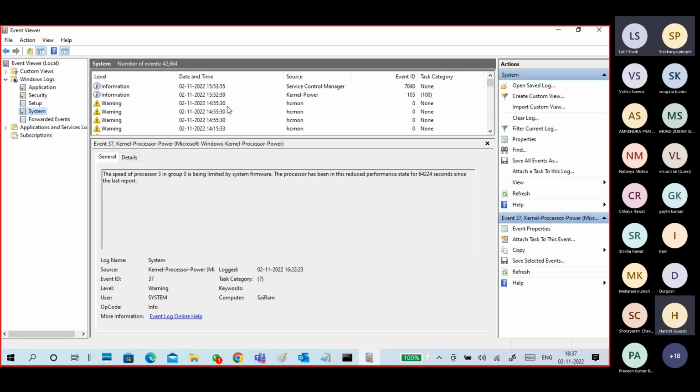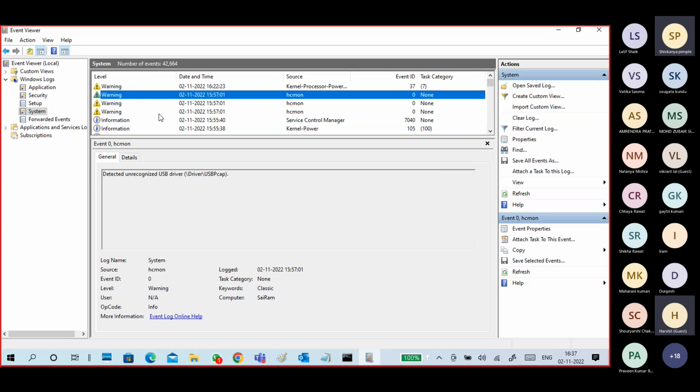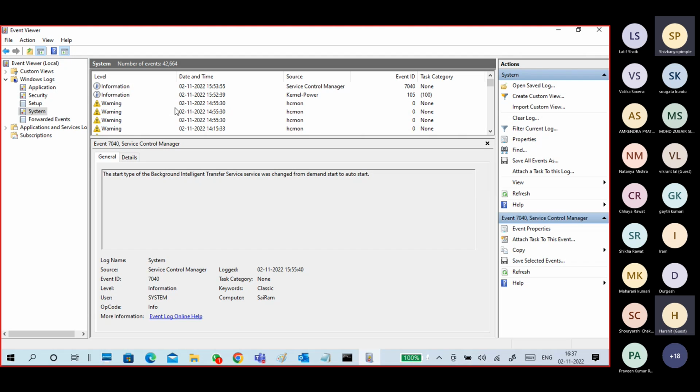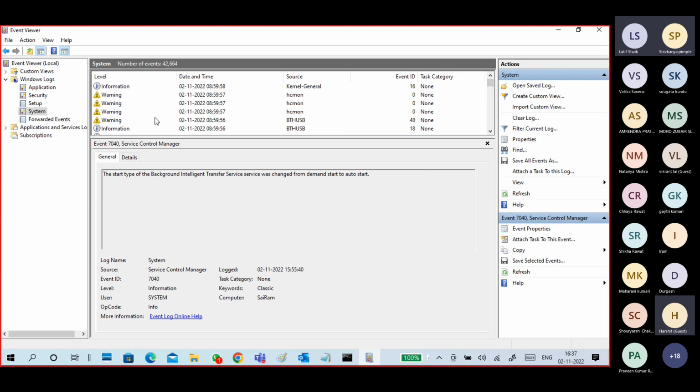System is all about your operating system and other kinds of stuff. It shows a warning symbol when some kernel process has failed. Some are driver related, some are information from the service control manager, and there will be errors also. So you can see the errors.